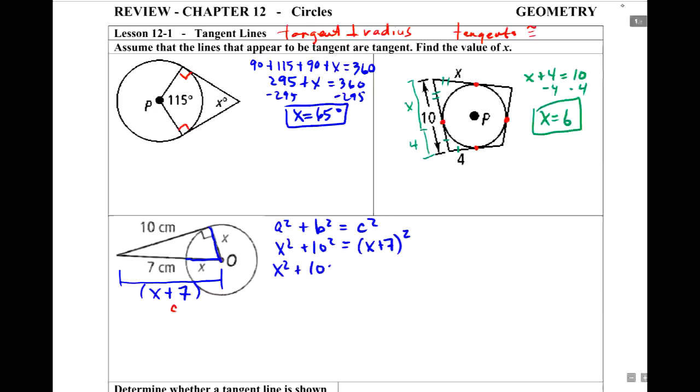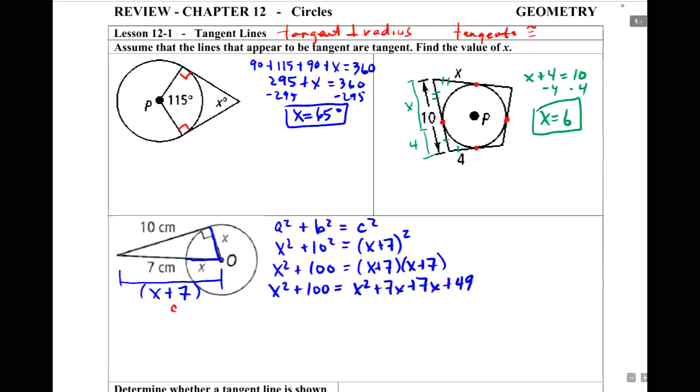I can either remember that that's a special case and know what it comes out to be, or I can just expand out my binomial and square both sides, and then I'm going to distribute, which is going to give me x squared plus 7x plus 7x plus 49.